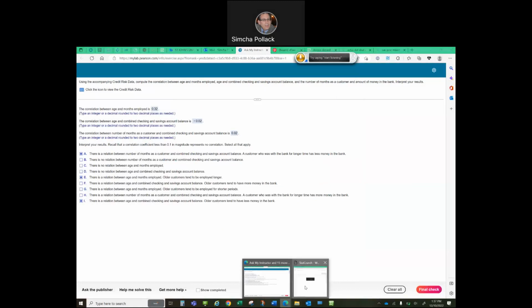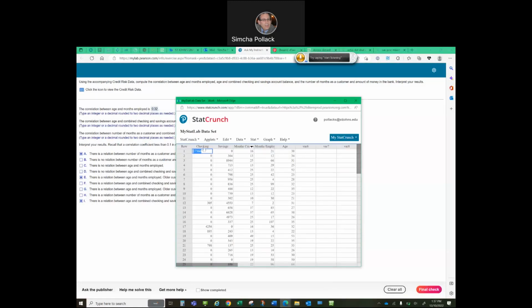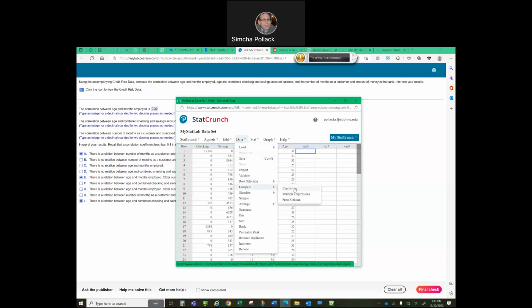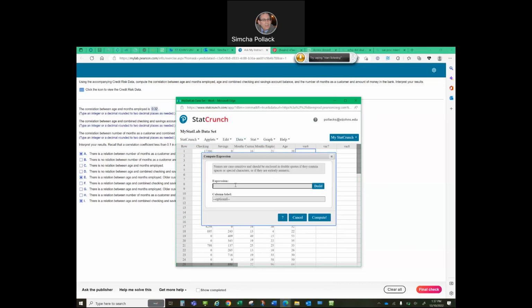StatCrunch is here. We have to create a new column called the combined checking plus savings. So I go to Data, Compute, and Expression, and I put in that is going to be checking. And I think you have to be careful about the capital plus. So it's checking plus savings.